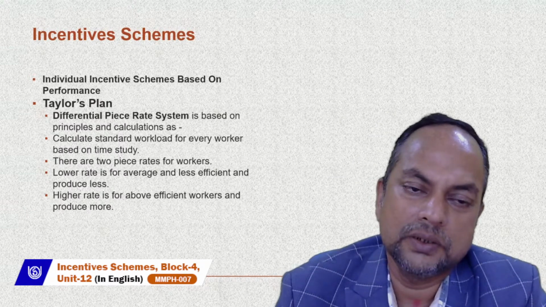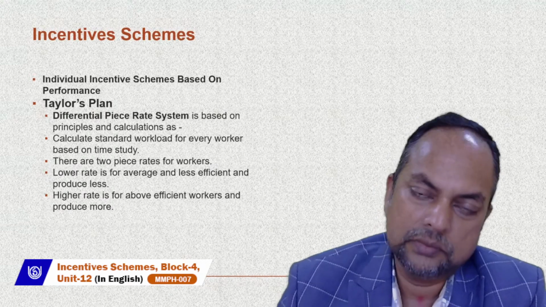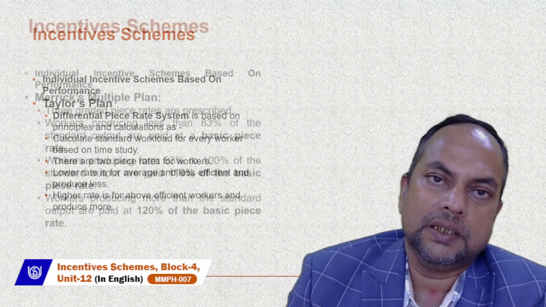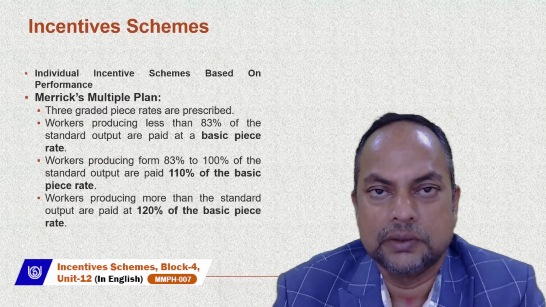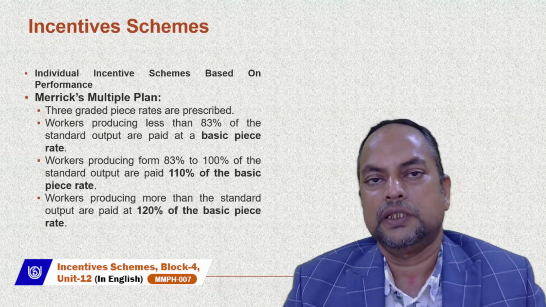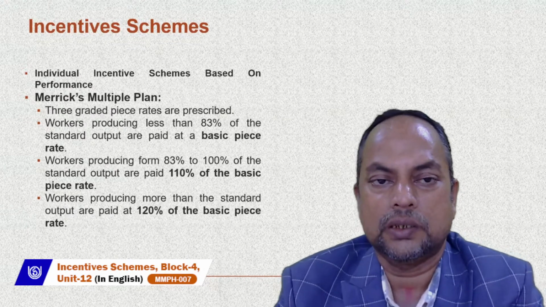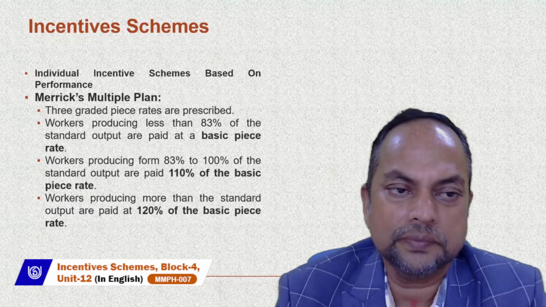So at least you achieve the standard target or anything beyond that, right? Like that only. So this differential piece rate system gave a thrust to other such theories of incentive administration.